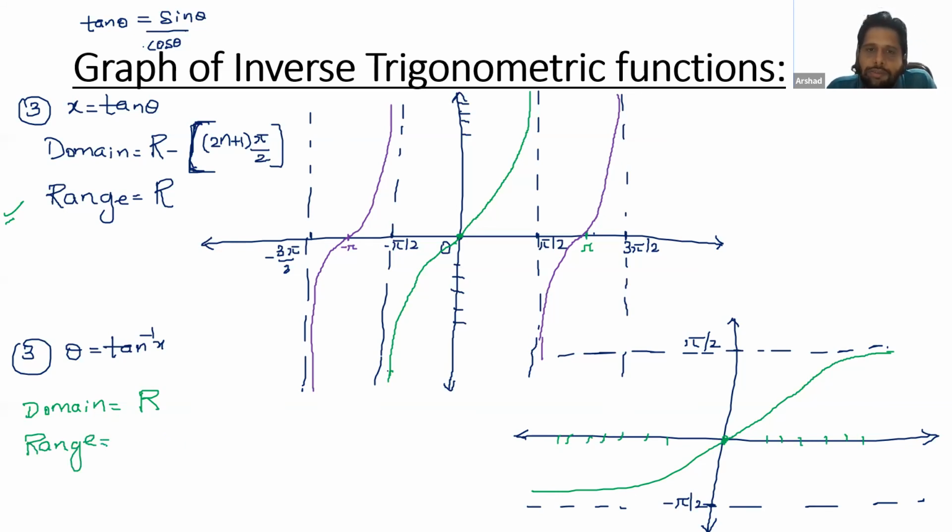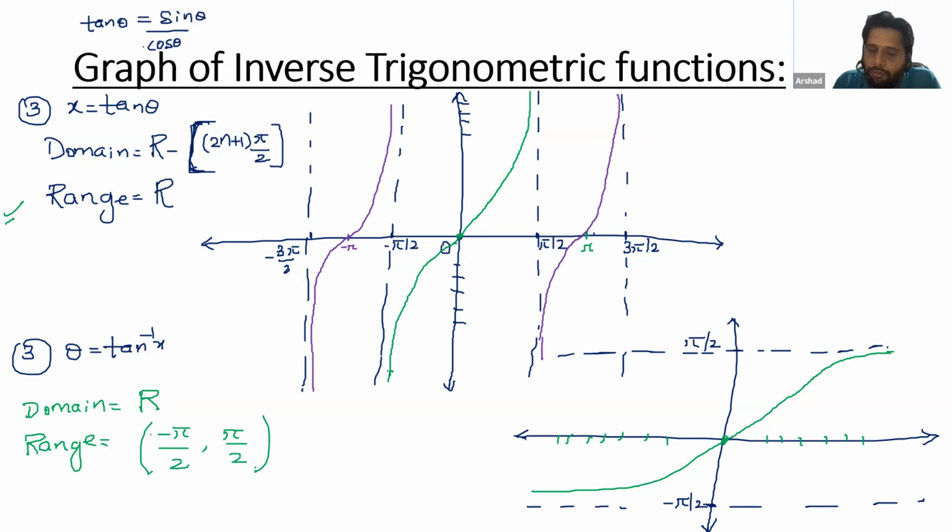Check the y-axis. For what angle do you have a graph? Minus pi by 2. Yes. Minus pi by 2 to pi by 2. Okay. But we know that tan does not exist for pi by 2. So we will take an open interval. Okay, we will not take the closed interval.